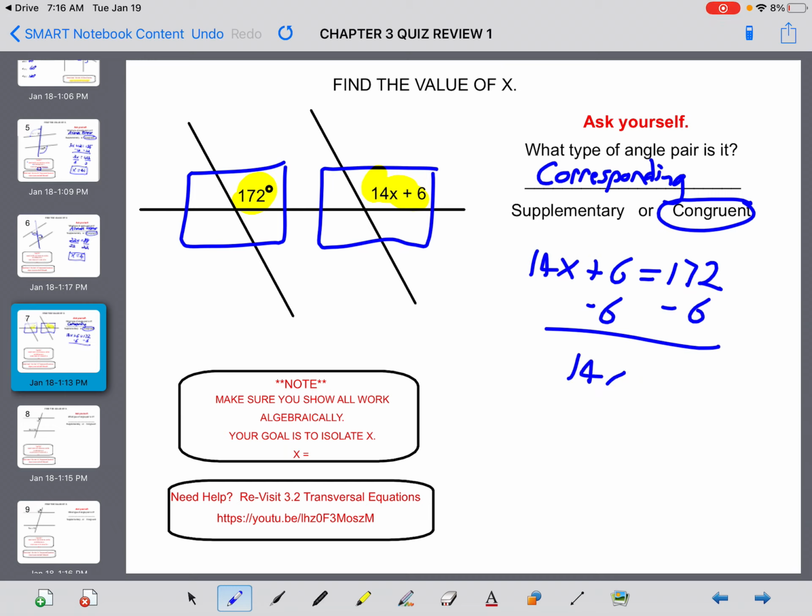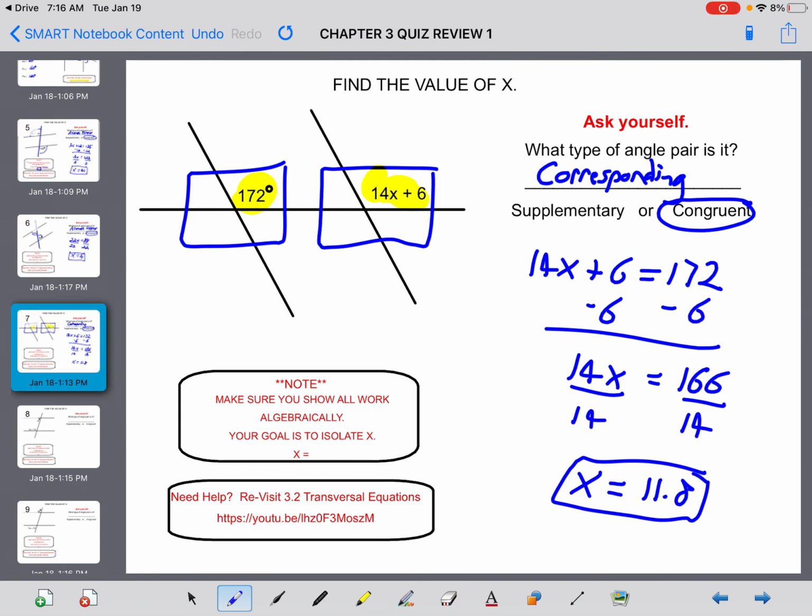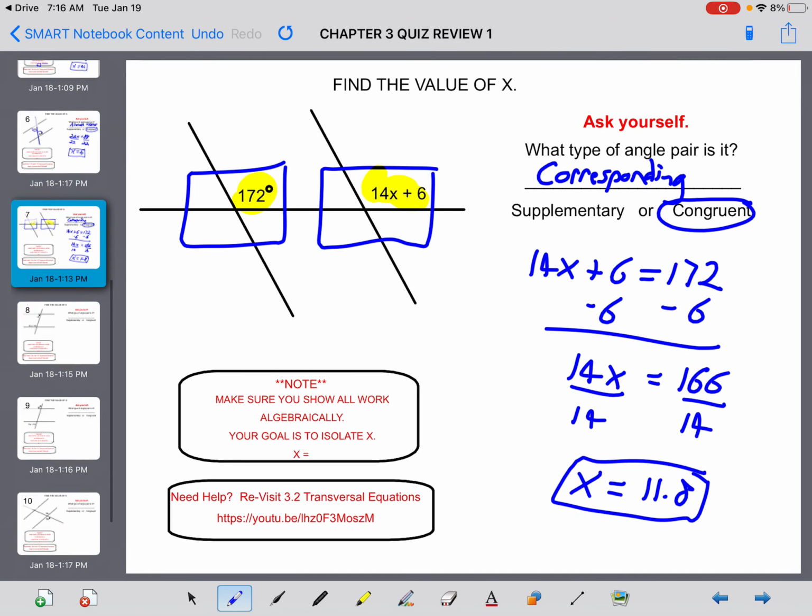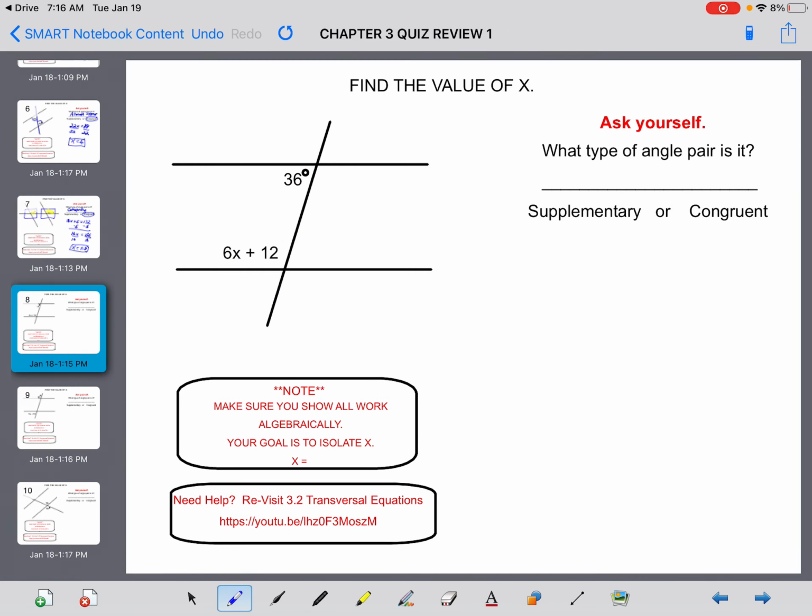Minus 6 on both sides, and 14x equals 166. Okay, we're going to divide both sides by 14, and this one isn't going to come out the greatest. X equals 11.8, we'll say. Okay, usually I'll give you a clean answer, just that one didn't work out so great.